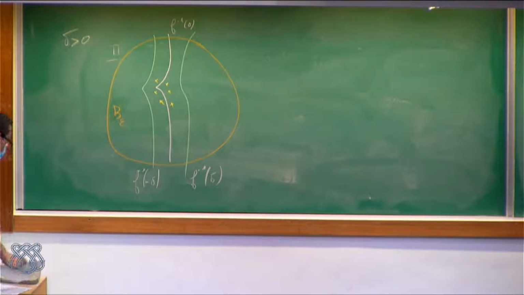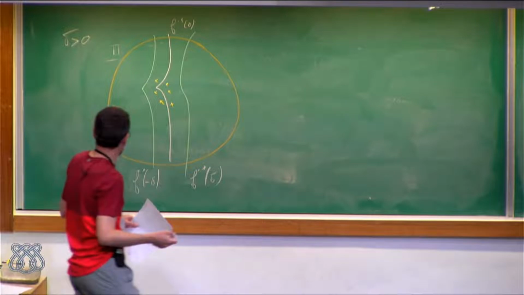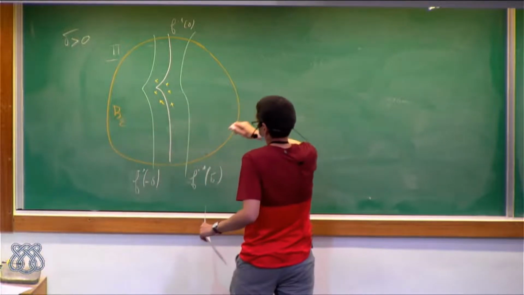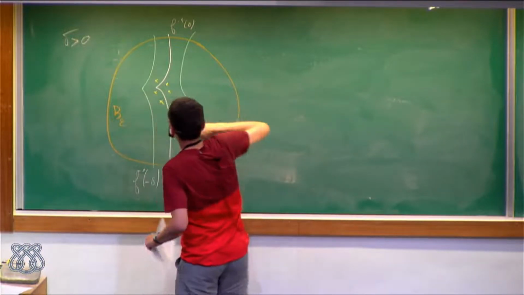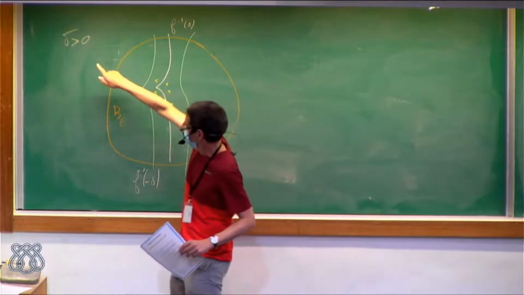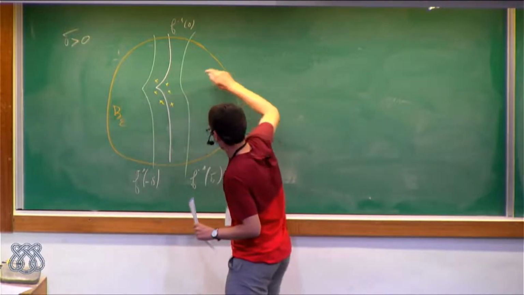So now I apply Morse theory. I take delta positive, and then I apply Morse theory.